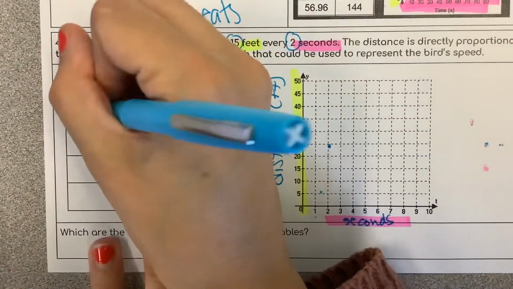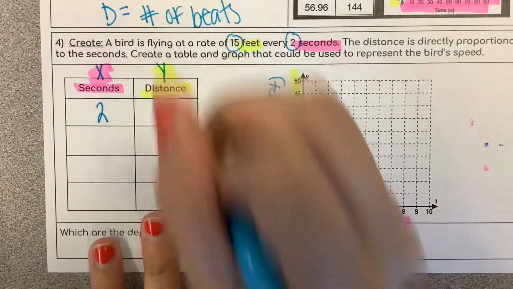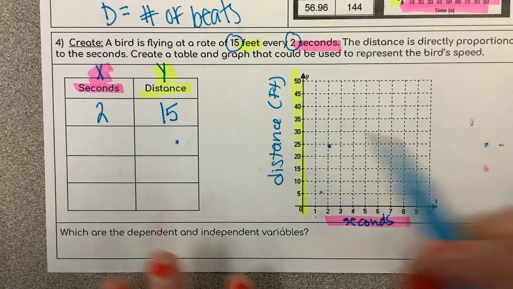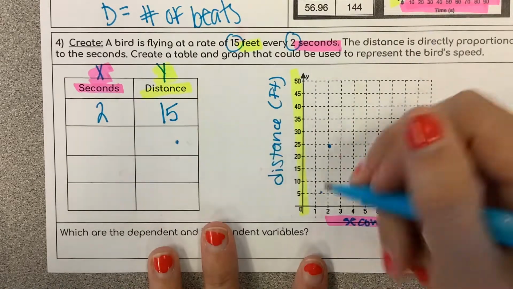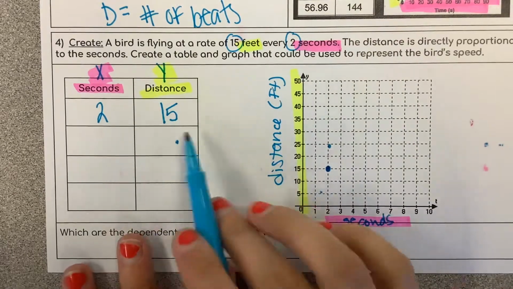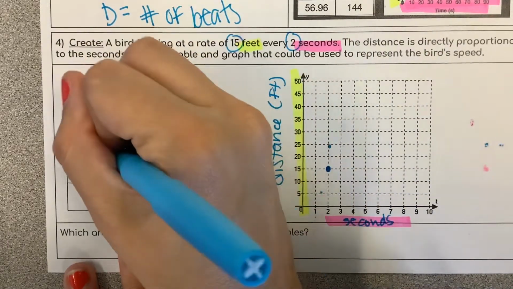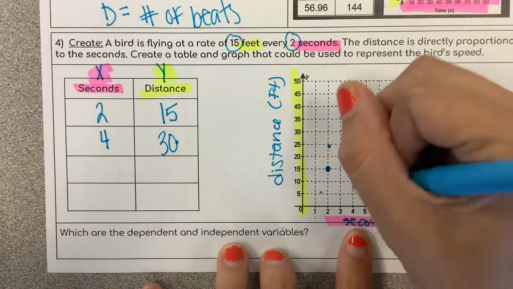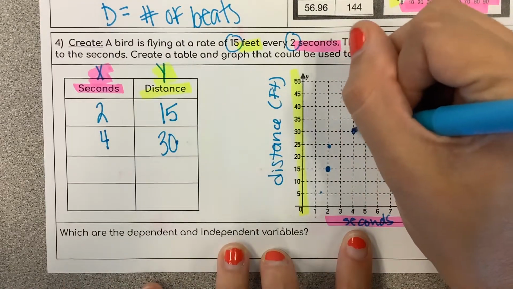So 2 goes with seconds, 15 goes with feet. And then we can come up with a ton of different scenarios here, right? I'm gonna graph this first, 2 and 15. And then maybe I double it. 2 times 2 is 4, 15 times 2 is 30. So another point could be at 4, 30.